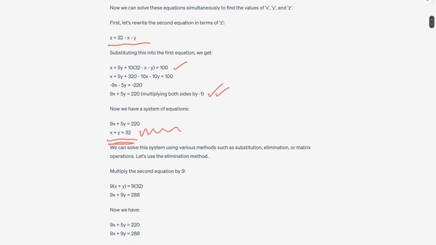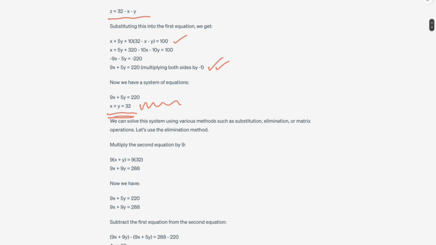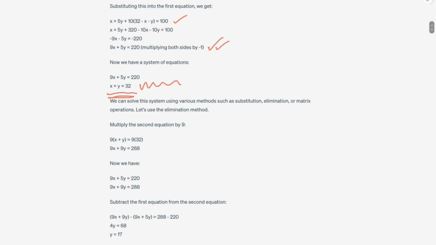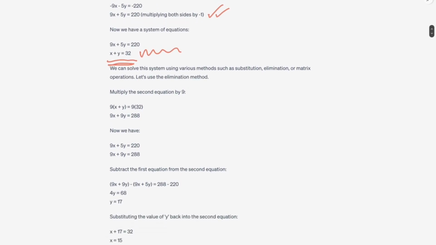But let's continue. It says we can solve the system using various methods such as substitution, elimination, or matrix operations. And it says, okay, let's use the elimination method. So we multiply the second equation by 9. Now, bear in mind that this second equation was problematic.